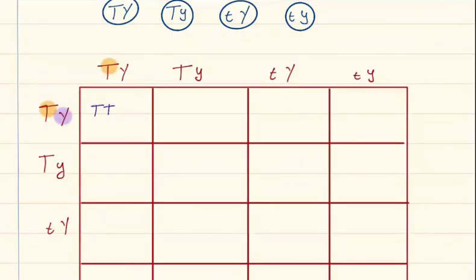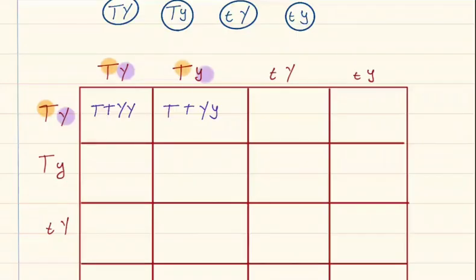Then the second feature, the allele of the second one with the second: Y capital, Y capital. Now I'm going to do the same for everyone until I fill this completely. Now the first one with the second one is going to be T capital, T capital, and this one with this one is going to be Y capital, y small.